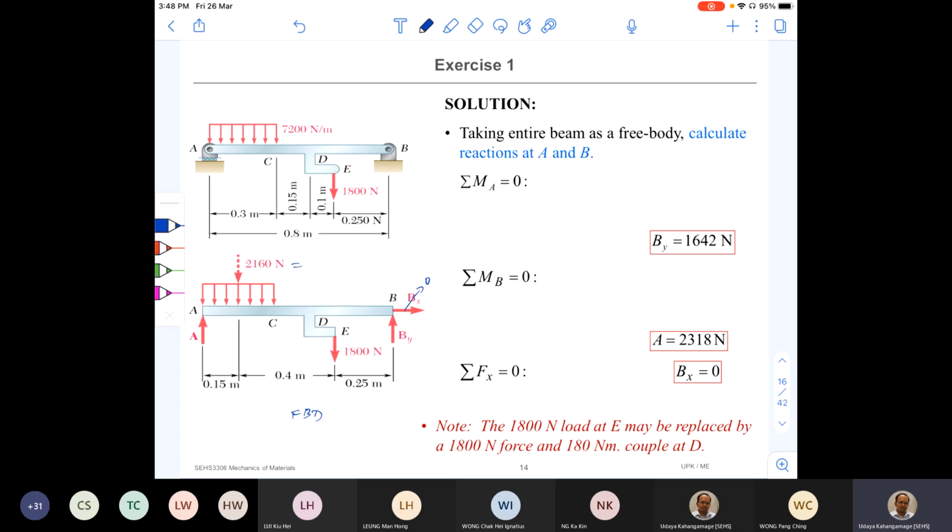Because this is equal to 7200, the intensity of the load, multiplied by the distance over which it is distributed. So you multiply this by 0.3, then you get 2160 Newton. And the application point should pass through the centroid of the distribution. The distribution is rectangular, therefore the load is applied right at the center, passing through the centroid of the rectangle.